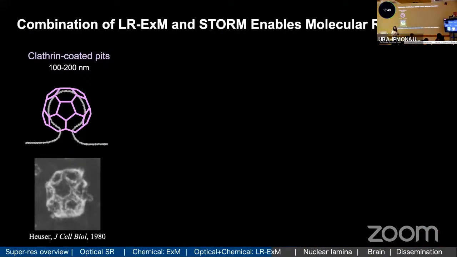And now it seems like the method is working, so it's time to combine it with STORM to see that molecular resolution. So here we use the clathrin-coated pits again as our model system. The reason is that it's not only a hollow structure, but also a hollow structure formed by hexagons and pentagons. So with 5 nanometer resolution, you should be able to see these polygons.